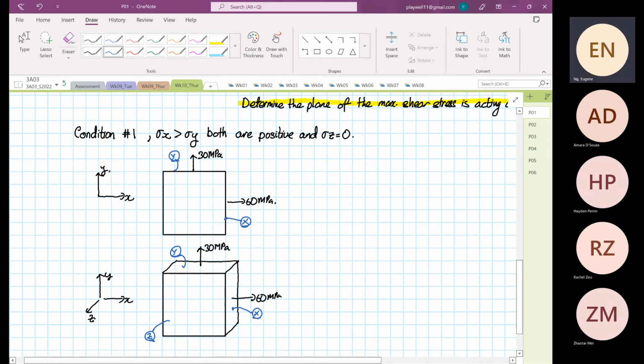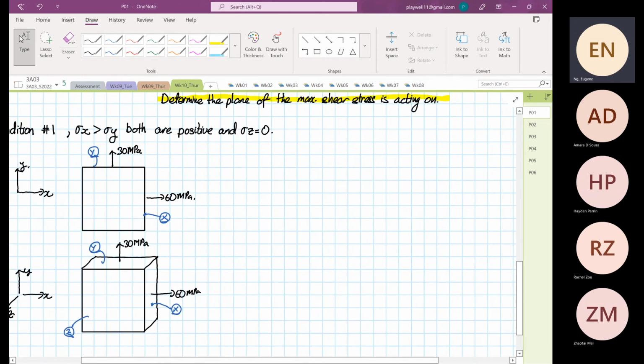So the objective I'm trying to show down here is why it is critical to analyze this structure or any structure using 3D Mohr circle. And I hope this will create a good example. Okay. So now we construct the Mohr circle now.